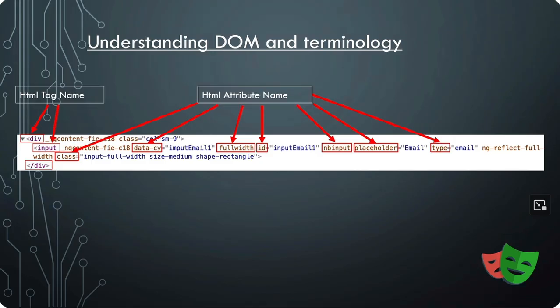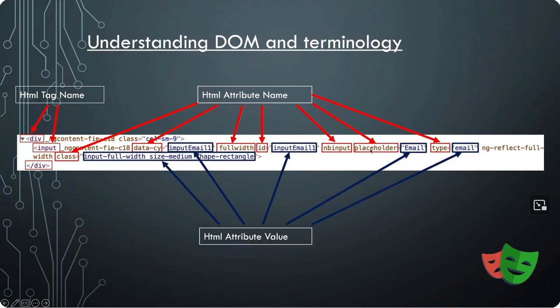Also, we have HTML attributes inside, and the value highlighted in green is the HTML attribute name. Sometimes HTML attributes can have a value and sometimes not. For example, the input is just an HTML attribute, while placeholder has the value email. And I highlighted this in blue so we can see that the value highlighted in blue is the HTML attribute value.